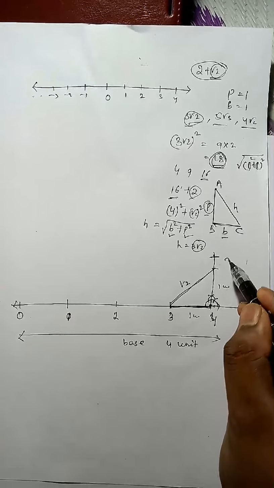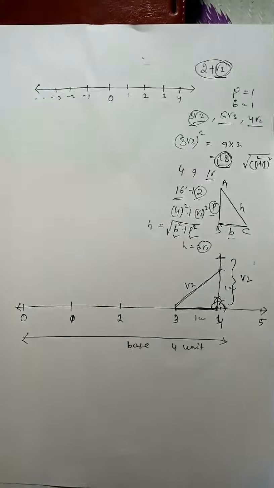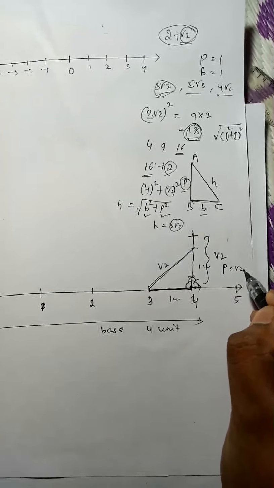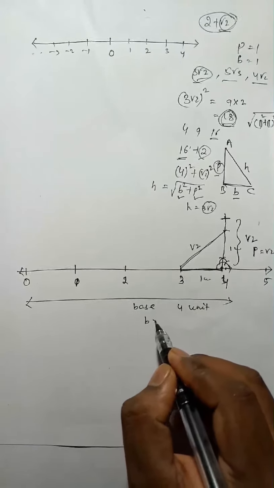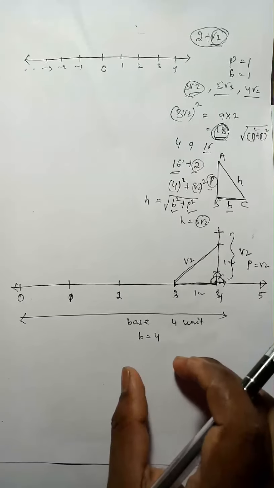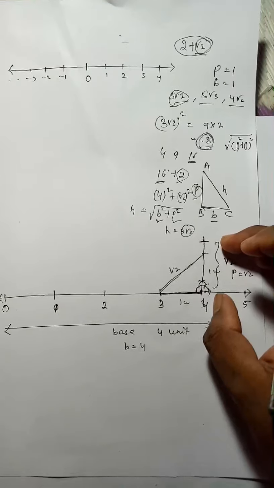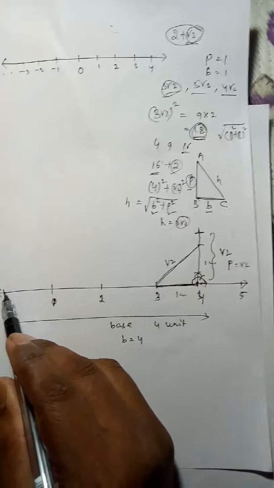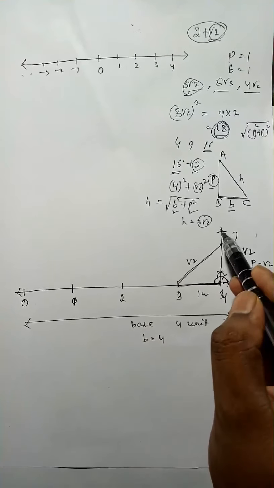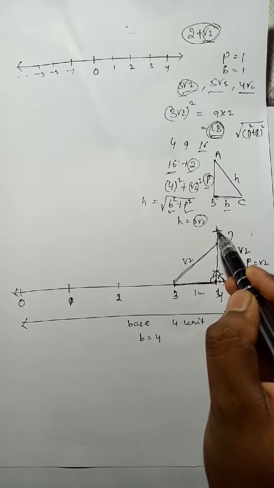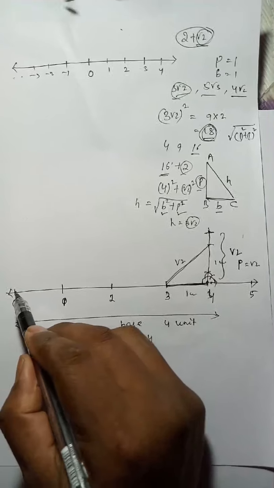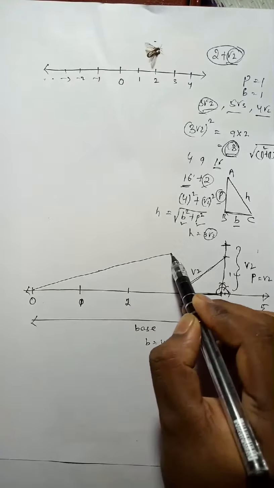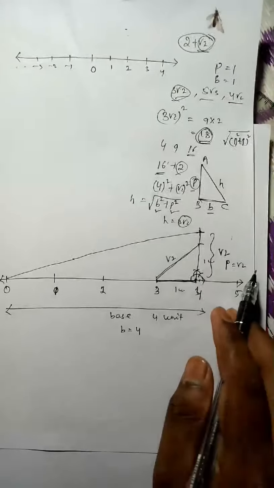Okay, this is your root 2, this is your perpendicular, that is your root 2, this is your base, that is your 4. Then base is 4 and perpendicular is root 2. Then the connection between 0 and this point is your required 3 root 2. Now connect 0 with this point.